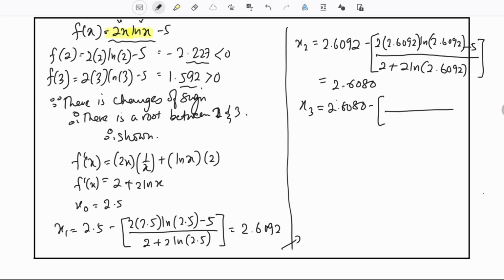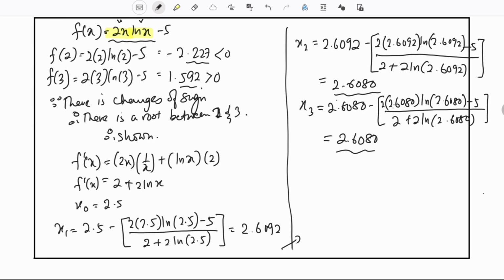So you do the process, substitute. So we have x3 to be 2.6080. So now we get the same value, so we can stop the iteration. So hence, the root is 2.608 to 3 decimal places.